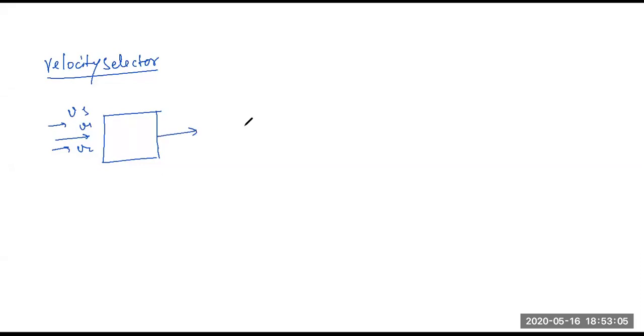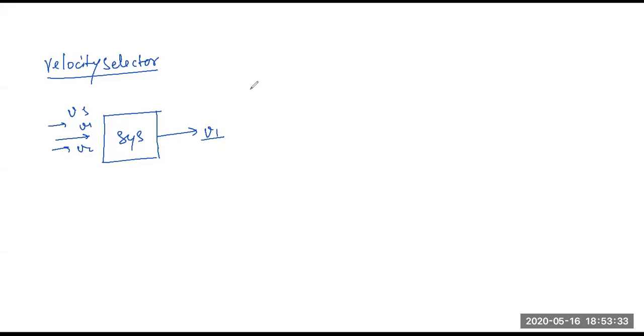At the output you have some use of it. You can use it in any case, X-rays and all. But you want a fixed velocity outside, let's say V1. So this system should reject all other velocities and only allow velocity V1 to come out. That's the use of a velocity selector. Now, how we're going to do that is this.